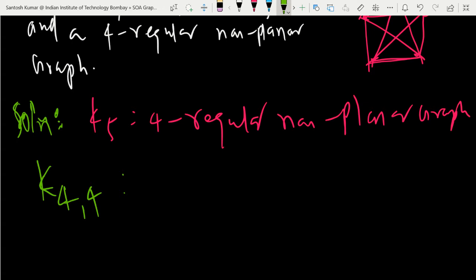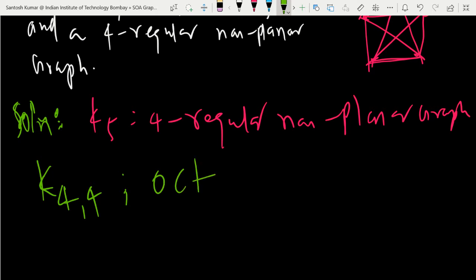Then you can check the octahedron, if it is non-planar. So you check K44 or you check the octahedron.